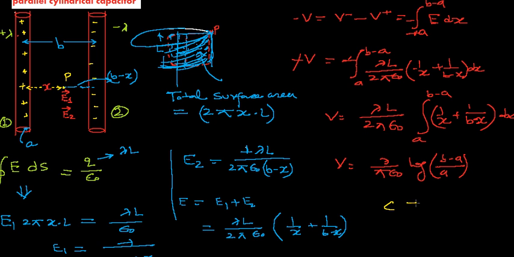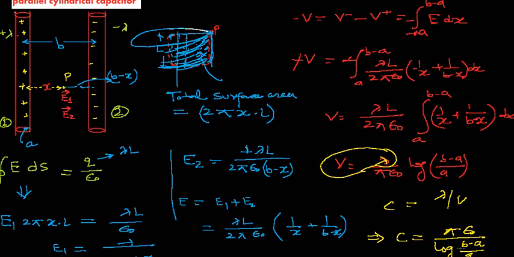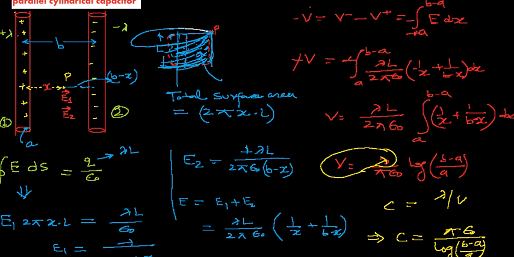This will be lambda by V. From the relation between lambda and V, we will get C. So the C per unit length will be pi epsilon naught divided by log of b minus a by a. This is the formula.